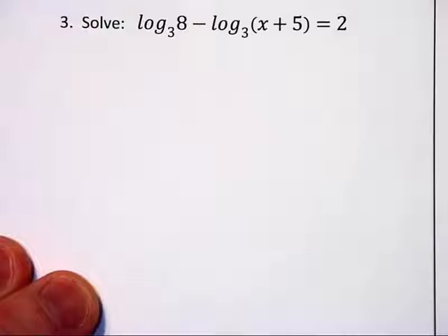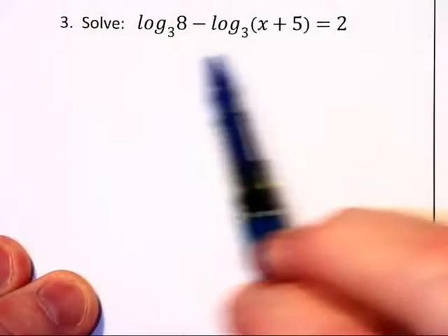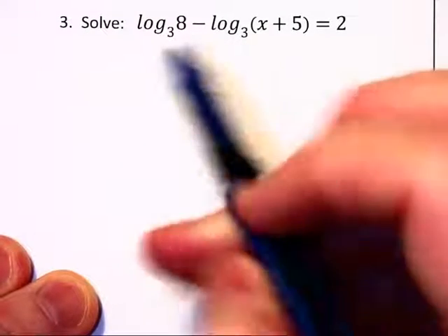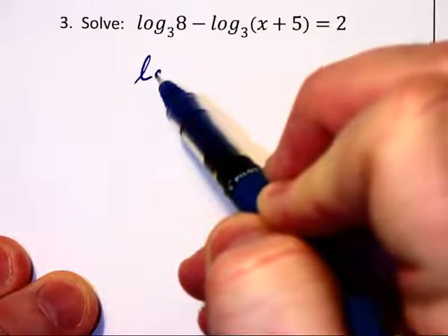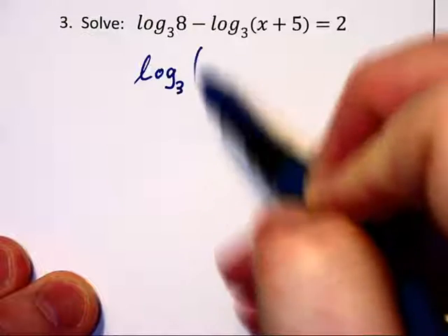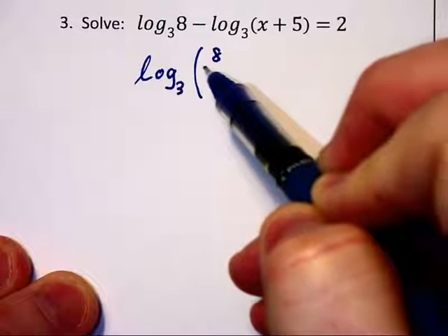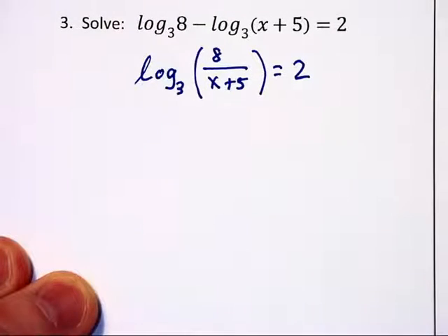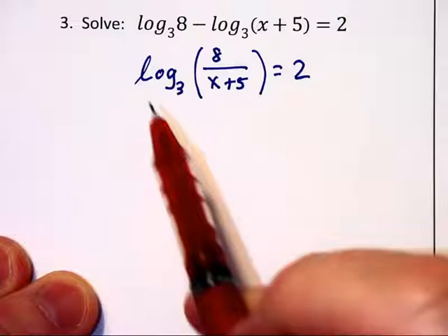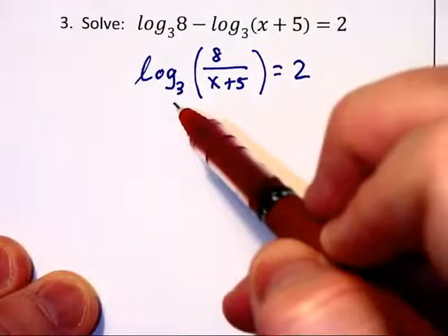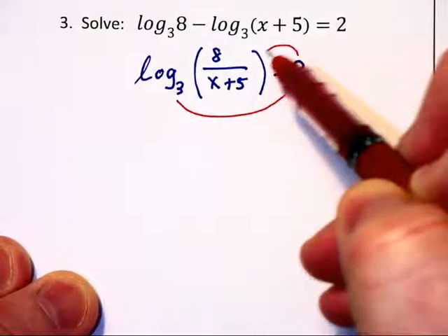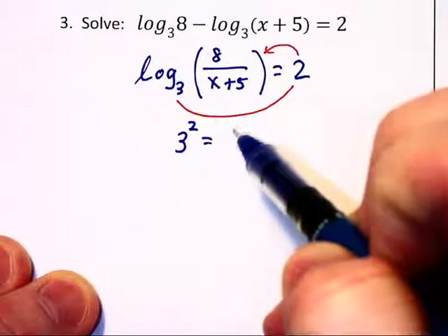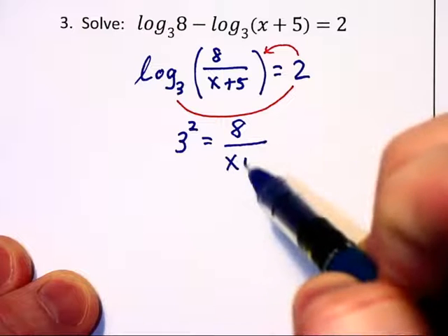Now we have an entirely different pattern. We have log minus log equals number. And the first thing you want to do is take this subtraction and turn it into the division inside of a log, giving us log base 3 of 8 over x plus 5 is equal to 2. And unlike the problems above where we had log equals log, I've got log equals number. So we need to convert this from a logarithmic to an exponential function and rewrite this as 3 squared is equal to 8 divided by x plus 5.